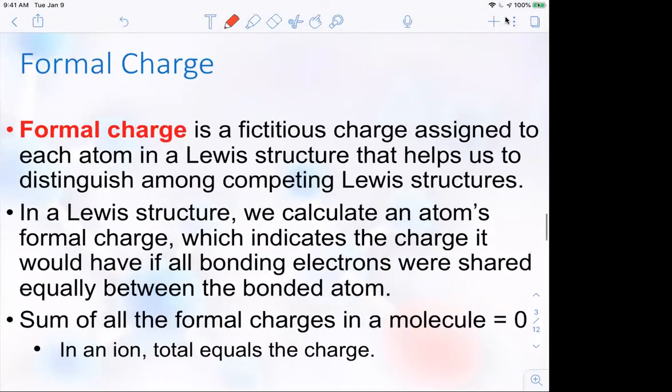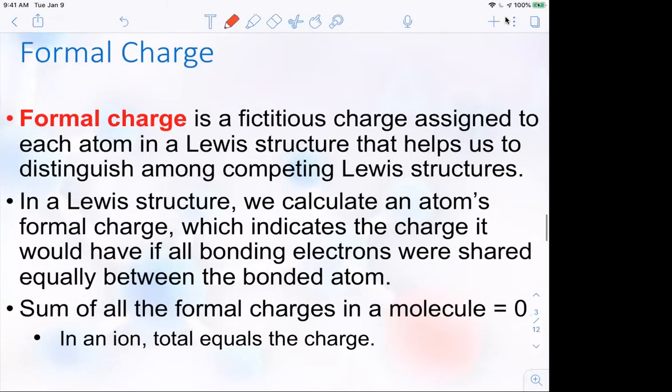Let's go back and do a little bit more formal definition of what a formal charge is. This is a fictitious charge, which is assigned to each atom in a Lewis structure. This helps us to distinguish among competing Lewis structures. I can evaluate the structures. The structure that is more stable, the structure that I assess to be better, is actually a larger contributing structure to the resonance hybrid.